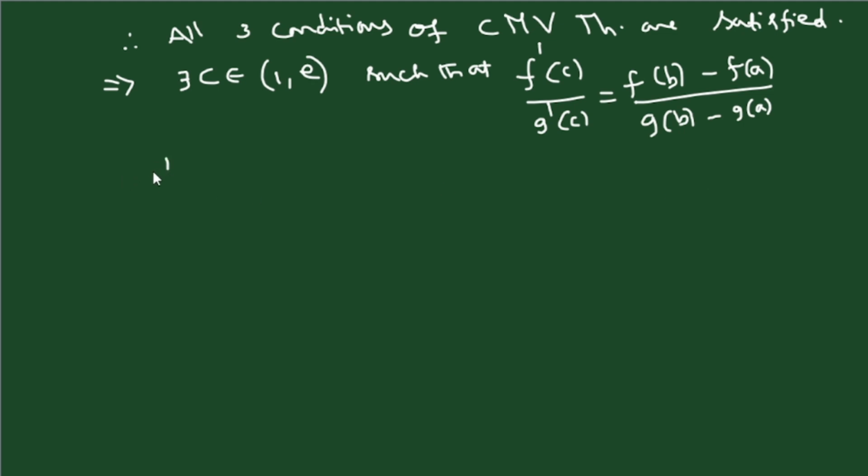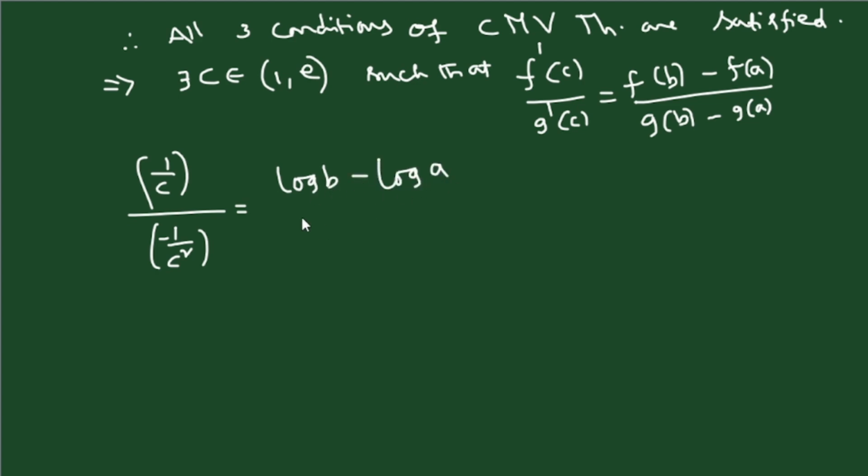So 1 by c by minus 1 by c square equal to f of b, which is log b, minus f of a, which is log a, of course to the base e, divided by g of b, which is 1 by b, minus 1 by a. Now, what are a and b? Here, a and b are 1 comma e. The interval a b is 1 and e.